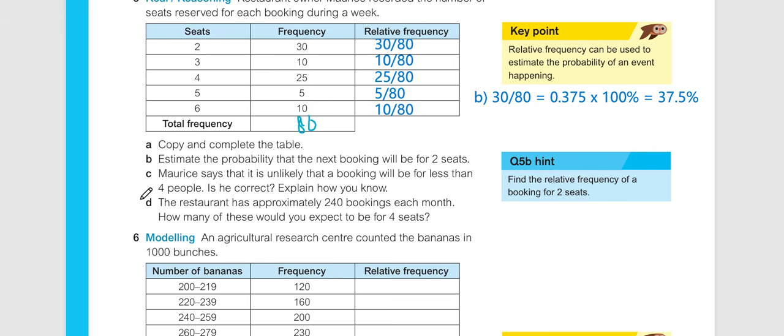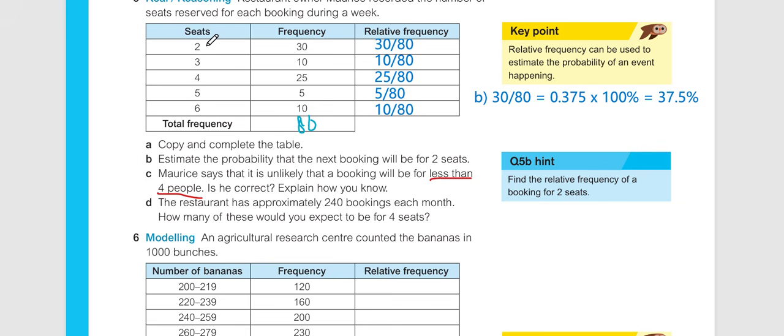Less than 4 people. So which ones are you going to take? You can take anything less than 4. Is it clear?